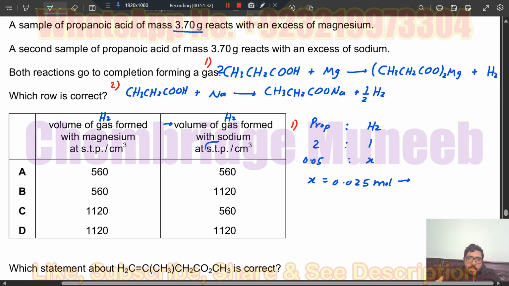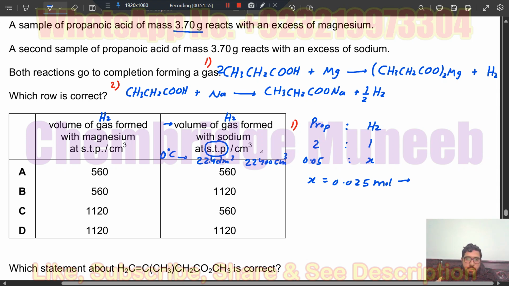They have mentioned STP. STP stands for standard temperature and pressure, which means the temperature is 0 degrees centigrade, at which the molar volume is basically 22.4 dm cube or 22,400 cm cube. It is mentioned in the data section. You do not need to remember the values.